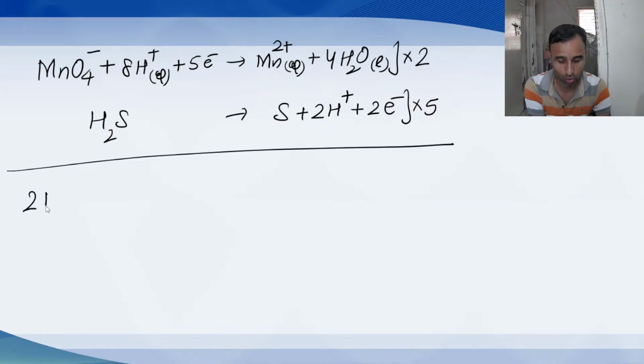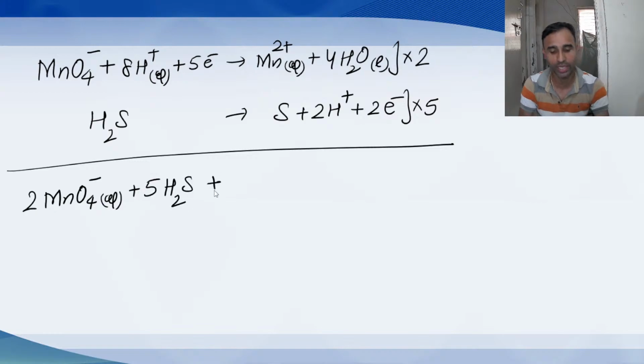So it is 2 MnO4 negative aqueous, 5 H2S plus 10 H plus ions on the right side, 16 H plus ions on the left side.